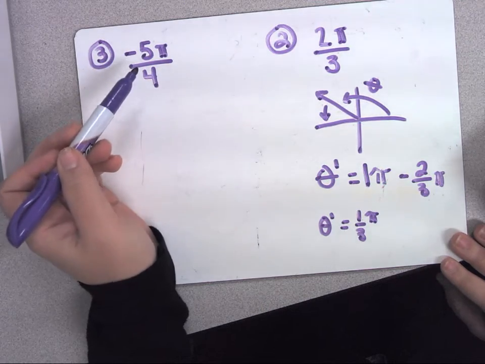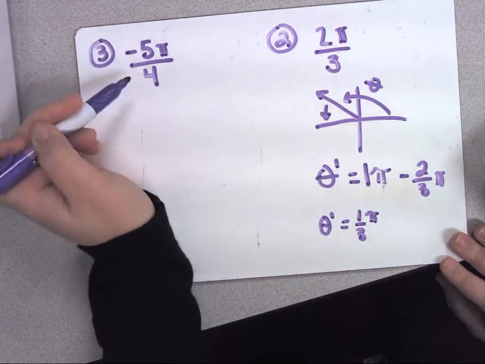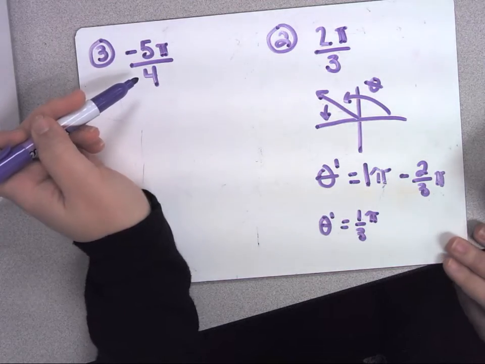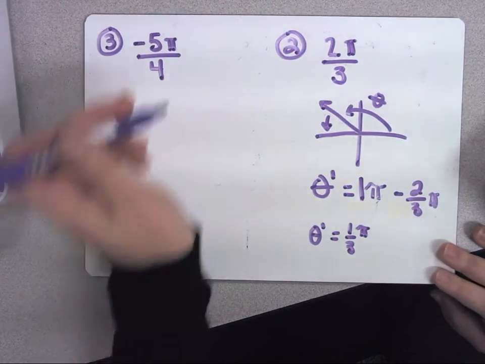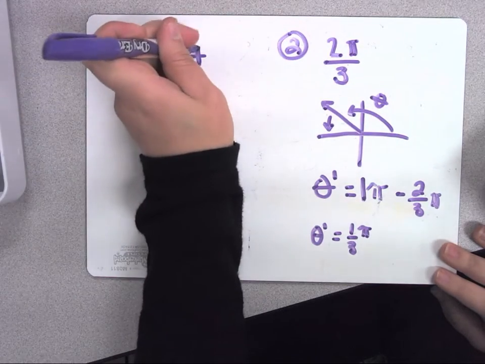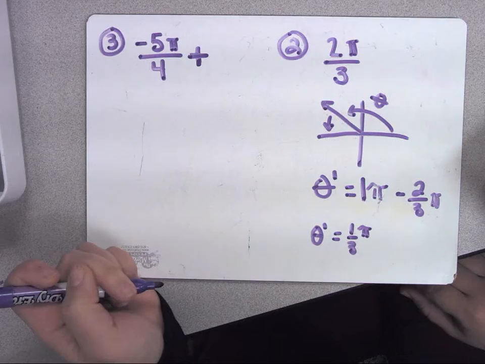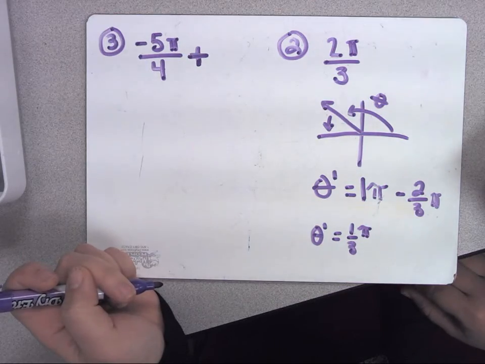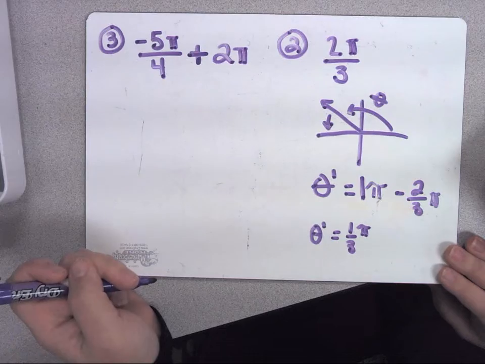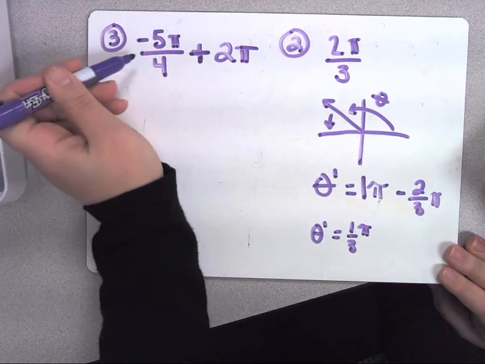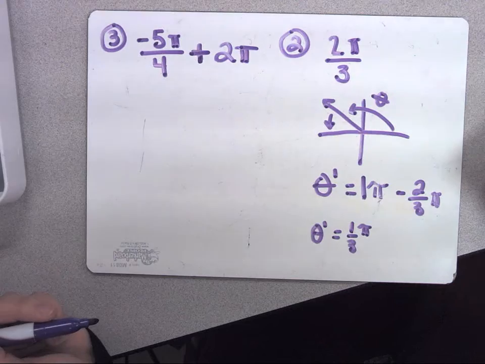So the first thing we need to do is get rid of the fact that this is negative. In section 9.2, I showed you how to do this. What do we add to find our coterminals, a positive and negative answer in radian form? 2 pi. Again, you're just really doing 2 minus 5/4, aren't you?